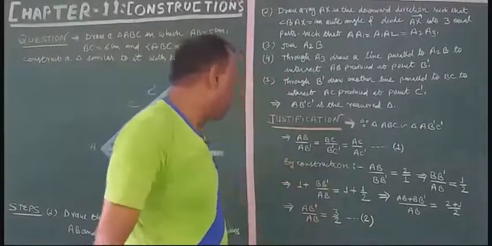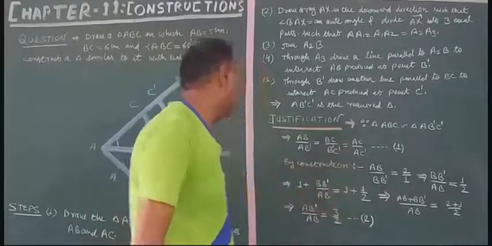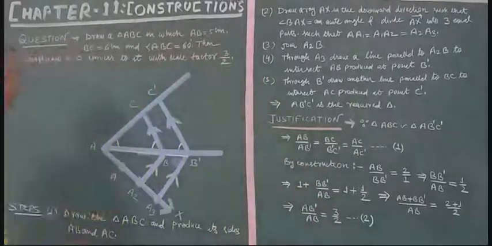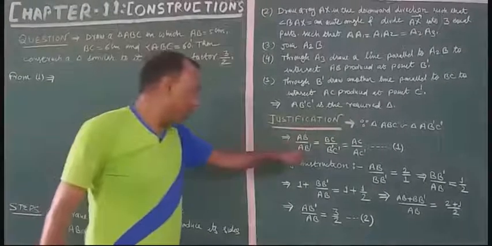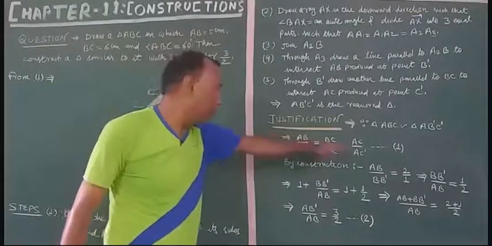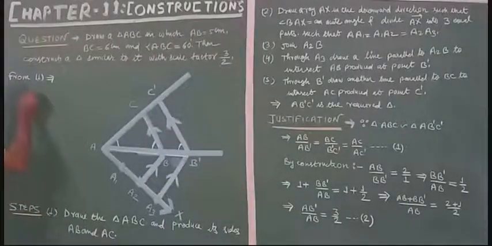Now from equation first and second, here I am writing from equation 1. AB upon AB dash is equal to this. Can we invert all of them? So what will happen?